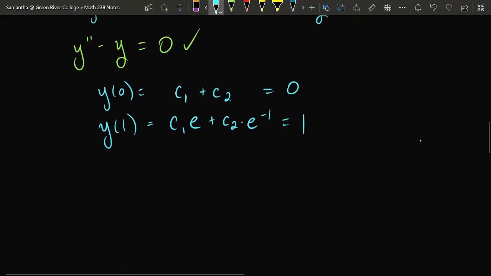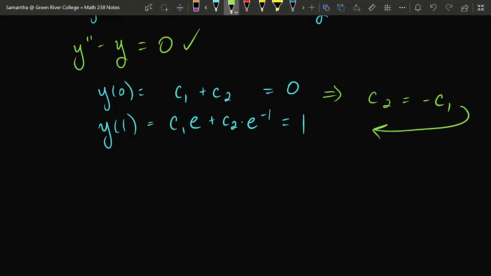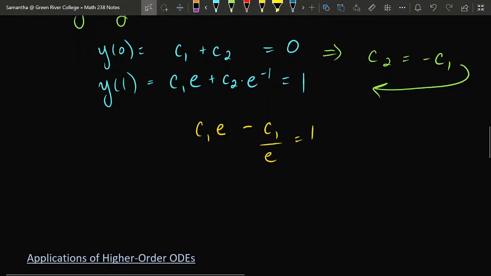Once again, we have a system of equations with two unknowns, and in this case, I think that the easiest way to solve this particular system might be to use substitution. For example, I can take this first equation and use it to get the statement that C2 must be equal to the opposite of C1. Let me plug that back into the second equation, which now tells me that C1 e minus C1 divided by e must be equal to 1.